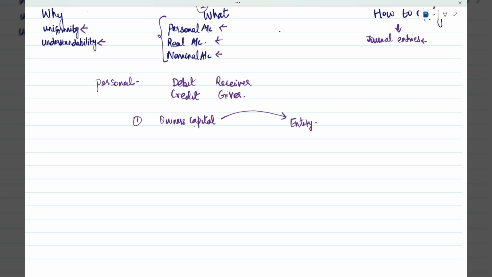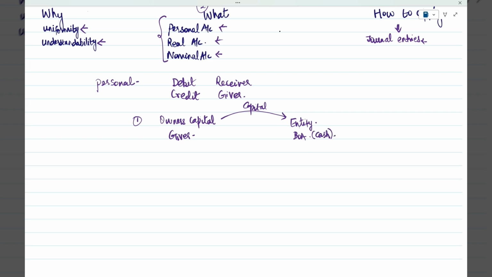From the entity's point of view only, we are preparing the books of accounts, correct? So the owner who is contributing capital to the entity is the giver, and the entity is the receiver. The owner gives the capital and the entity receives it in the form of cash.